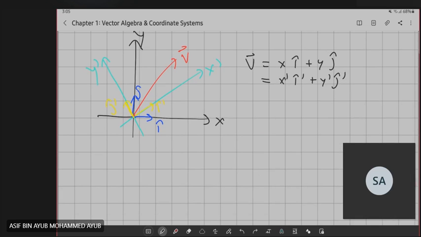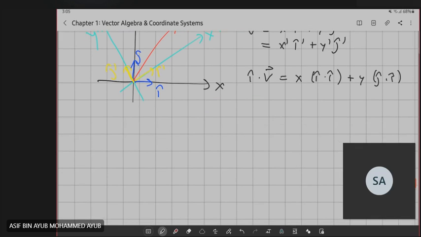Now, what if I dotted i with v on both sides? What would happen is that you'll get x i dot i plus y j dot i. i dot i is 1, j dot i is 0. So i dot v gives you x.